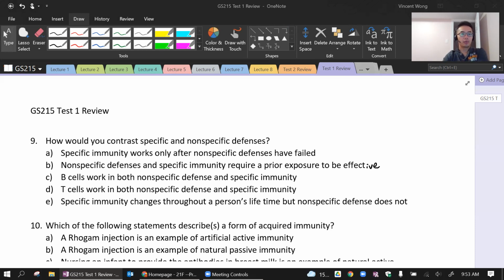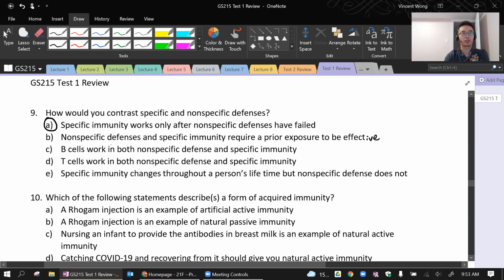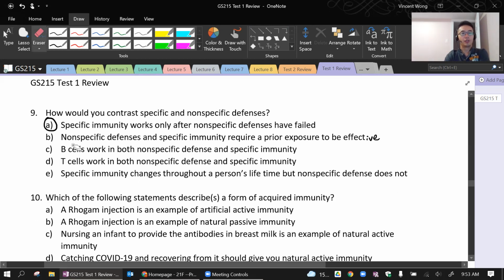All right. How would you contrast specific and non-specific defense? Specific immunity works only after non-specific defense have failed. Yeah, that's true. Okay? You don't need to produce antibodies all the time for everything that you come into contact with. Most of the time, the non-specific defense will get rid of it, the NK cells, the inflammation, and that stuff.